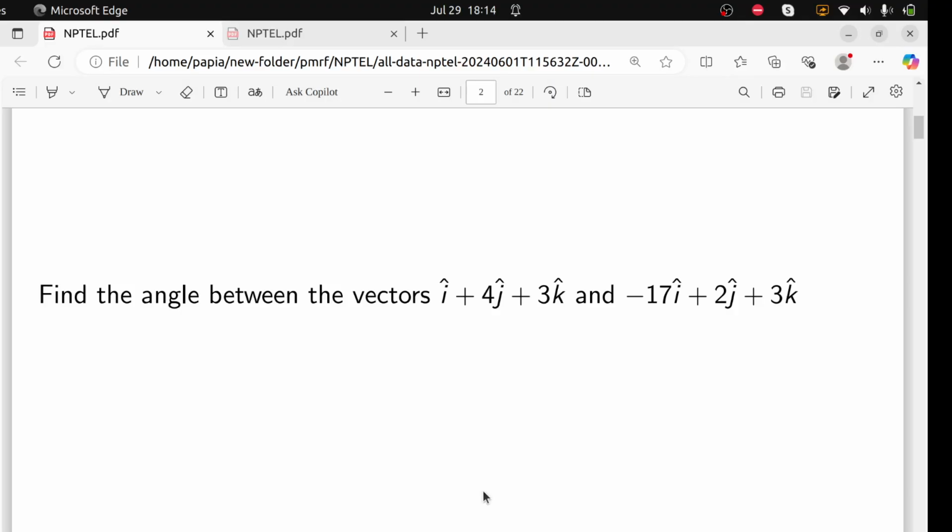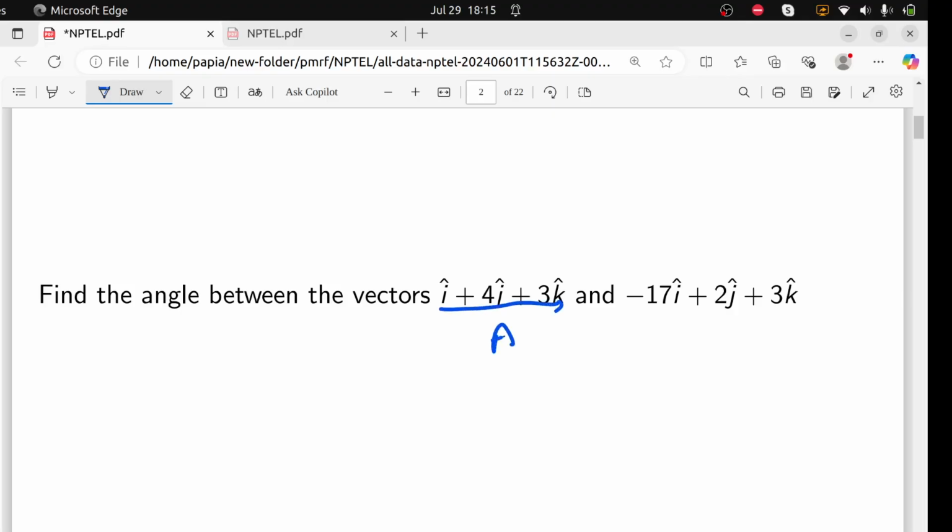I don't know how much background you have about the vector notations and vector calculations. So, okay, let me first do a little bit. What they are asking here: find the angle between the vectors.